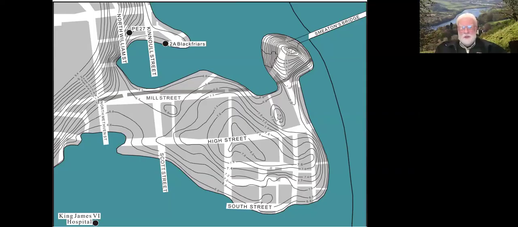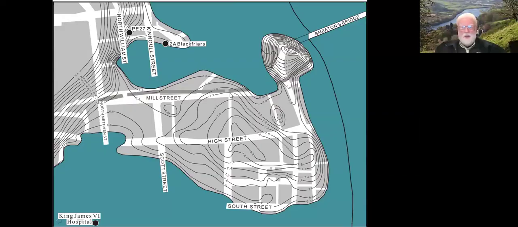And in those conditions, you get the pattern that we're seeing here. This is an extreme flood event, and you can see how it's squeezing the town into its very early medieval form. There's St. John's Parish Church right there on naturally high ground. The high street's on naturally high ground.